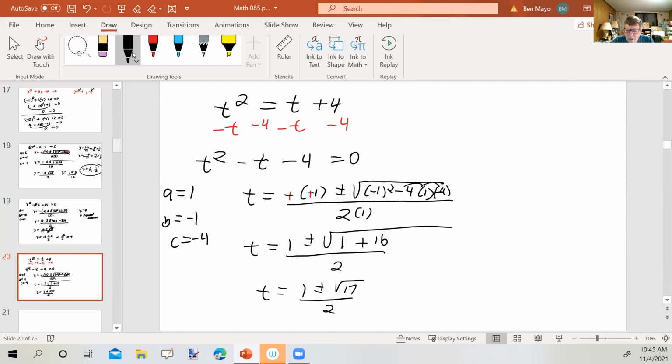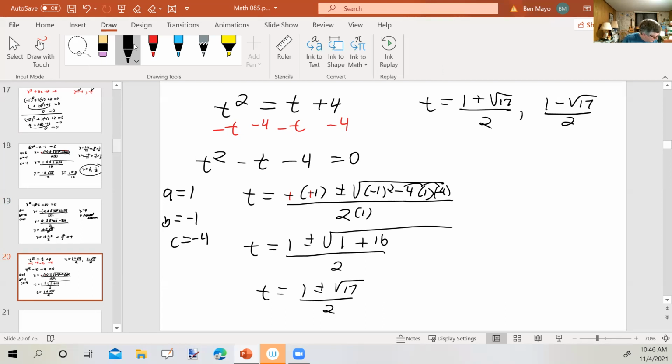Now, I can't simplify the square root of 17. So my two answers are t equals 1 plus the square root of 17 over 2 and 1 minus the square root of 17 over 2. This looks like a 2 instead of a 7. Okay.